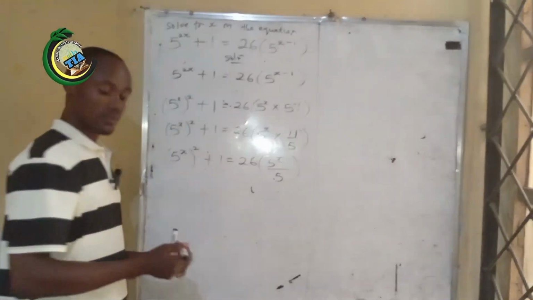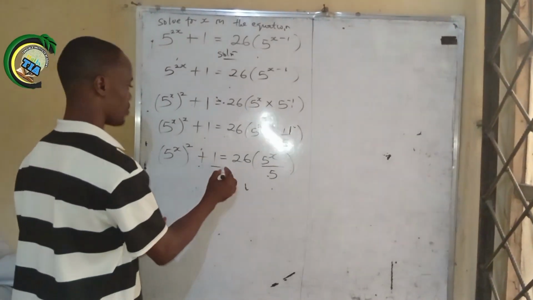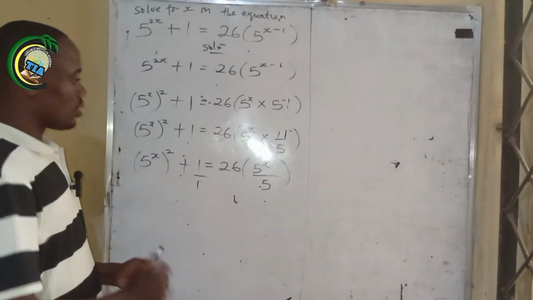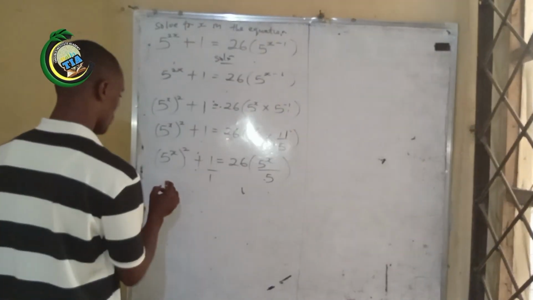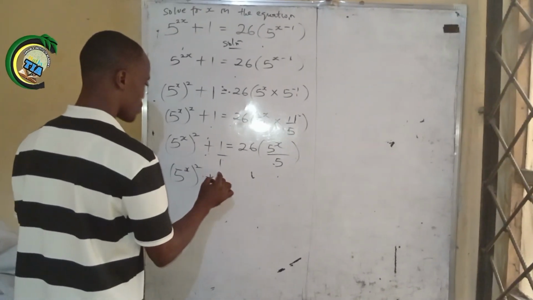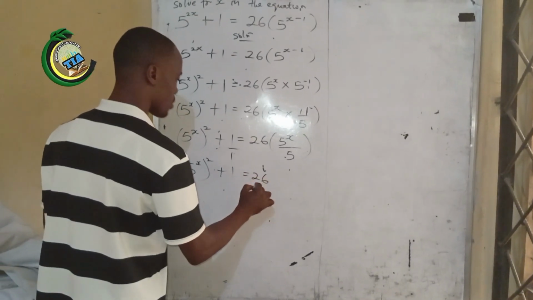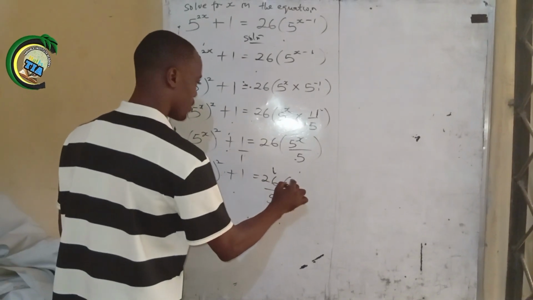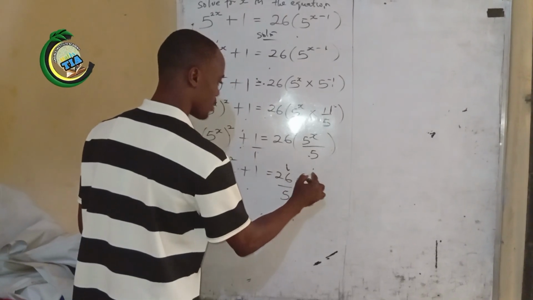Okay, then the next thing we do is to let us clear the fraction, and we can rewrite this as 5x all raised to power 2 plus 1 is equal to 26 over 5 in 5 raised to power x.